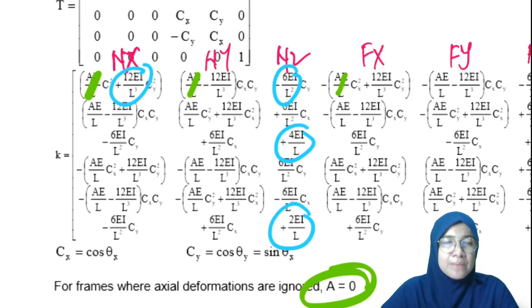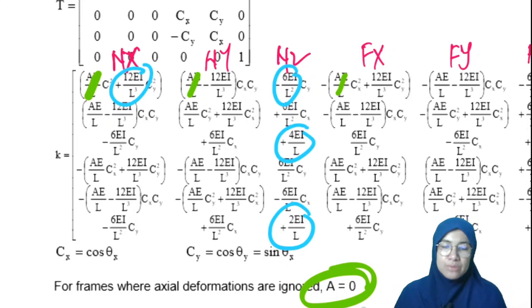Another statement that can be used to represent the same is, let's say in the question there is a statement like this: consider the primary mode of deformation. If you see any of these statements inside the question, it means that A is equal to 0.